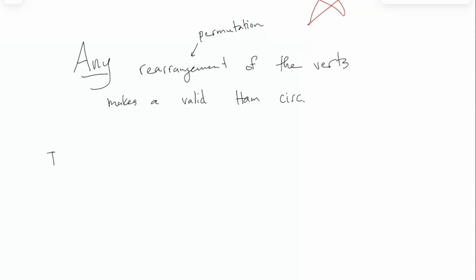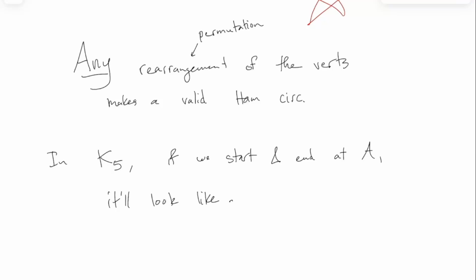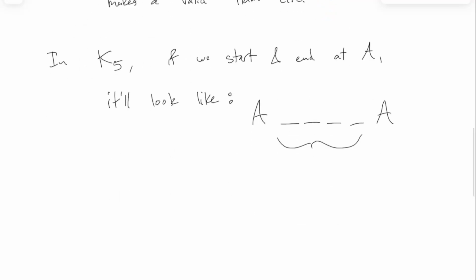So in this case, in this graph, complete graph K5, if we start and end at A, one of these rearrangements will look like A, something, something, something, something, A, right? Where the things in here can be any rearrangement of B, C, D, E. So you could put them in exactly that order, B, C, D, E, and that would be one Hamilton circuit, but any other rearrangement would also qualify.